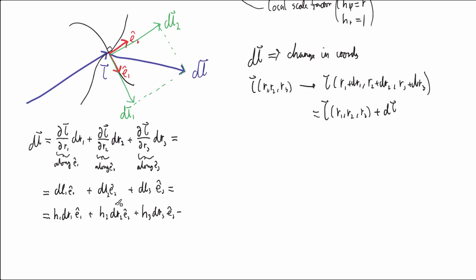Making the identification between this third line here and the first line, we see immediately that h_i is the absolute value of the derivative of the vector L with respect to r_i. And that's the local scale factor.